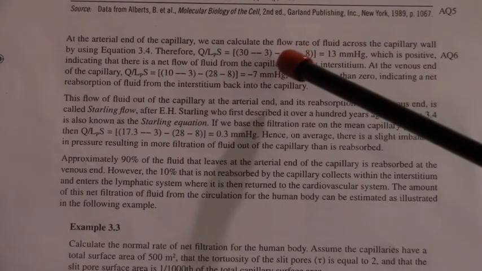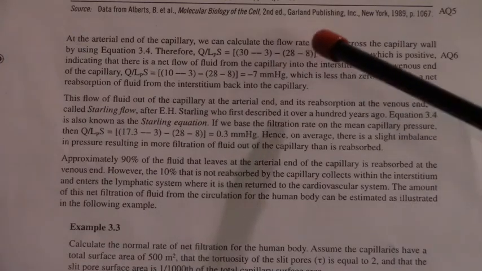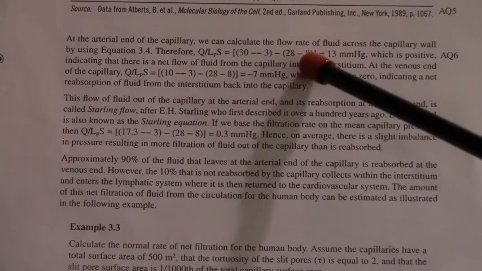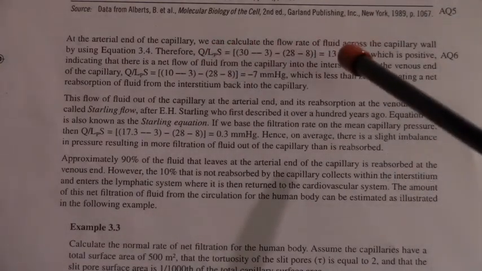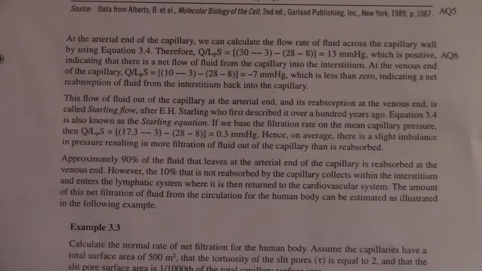This would be the colloid osmotic pressure in the blood and the colloid osmotic pressure of the proteins in the interstitial fluid. And you can see that bracketed term comes out to be 13 millimeters of mercury. So that tells us that at the arterial end of a capillary, the filtration flow is such that fluid is actually leaving the capillary and going into the interstitial fluid space, which bathes the cells of your body.